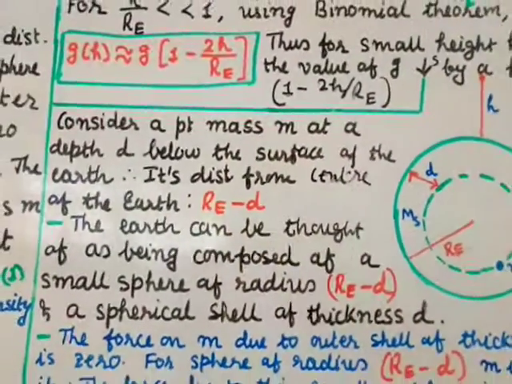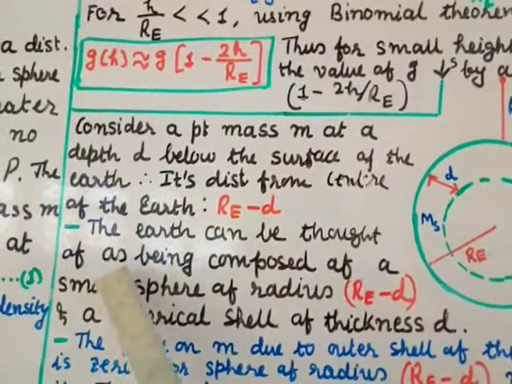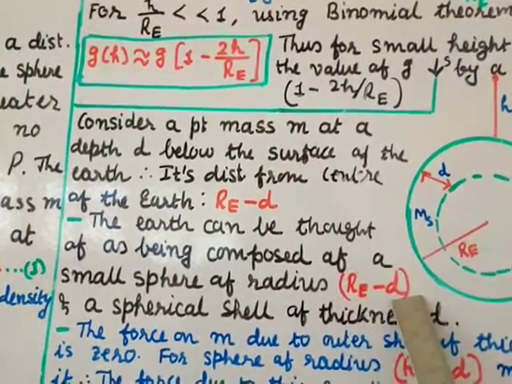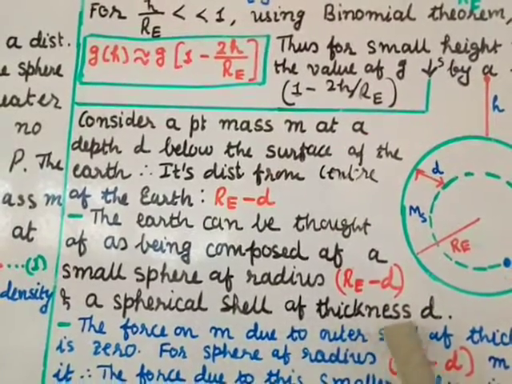The earth can be thought of as being composed of a small sphere of radius Re minus d and a spherical shell of thickness d.